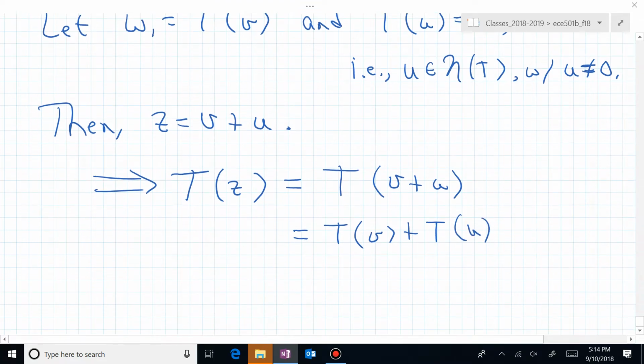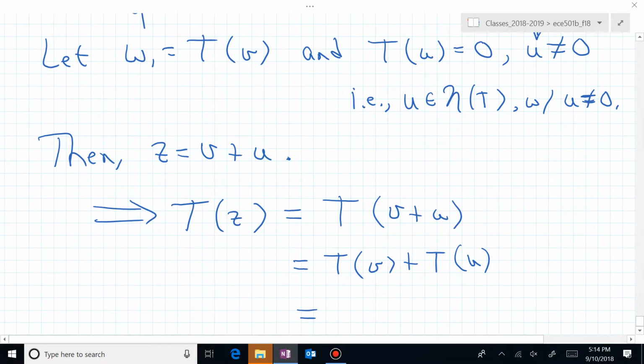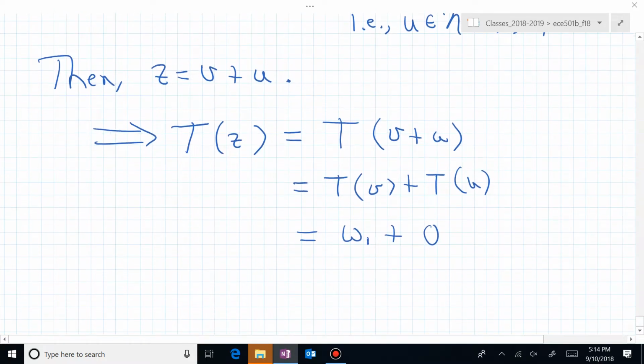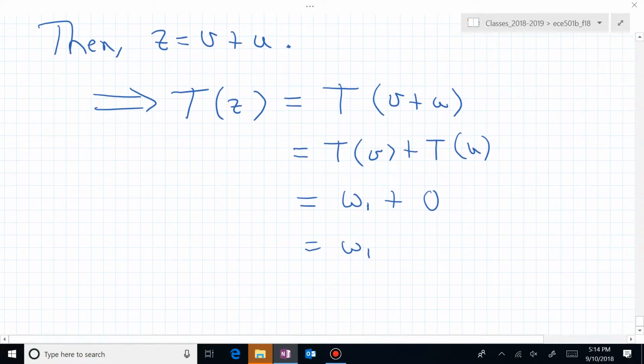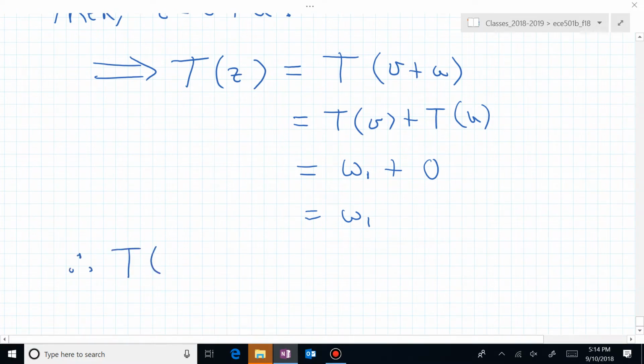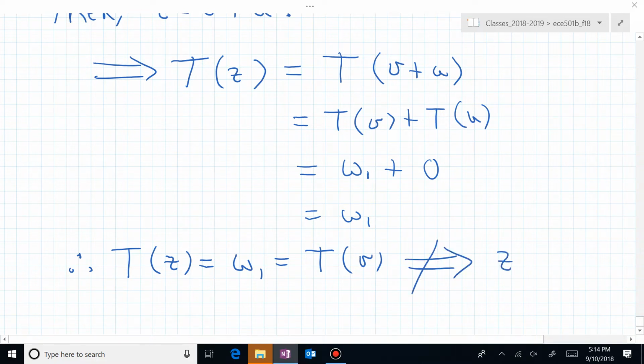And what do we know about this? We let T of V equal W1. What's T of U? And what have we just shown? We have, therefore, T of Z is equal to W1, which is also equal to T of V, but that does not imply that Z was equal to V. Because Z was definitely different from V because it was V plus U, and U was non-trivial.